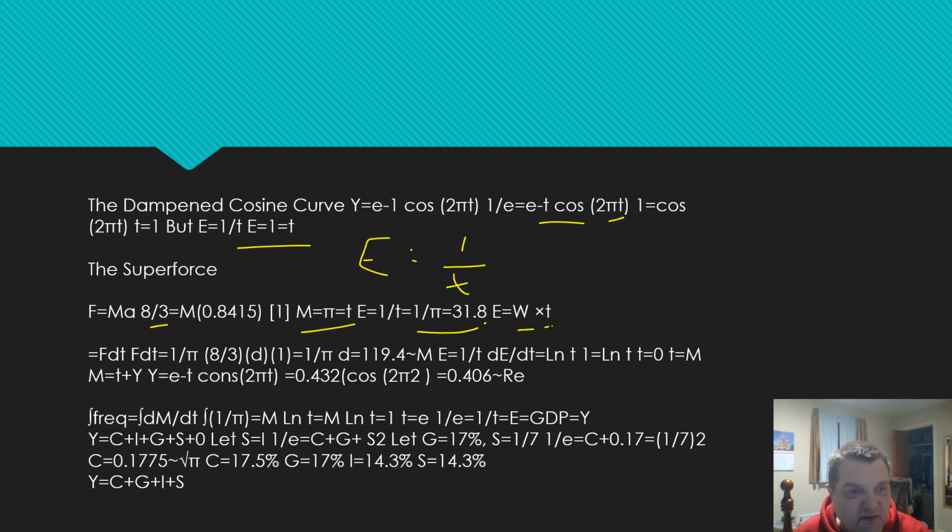Force times dt equals 1 over pi, 8/3 times d times 1. This all works out to give us the Reynolds number. If we take the integral of the frequency, it is equal to the integral of the mass times the integral of the frequency, which equals mass times ln of t. And we end up with our GDP equation.